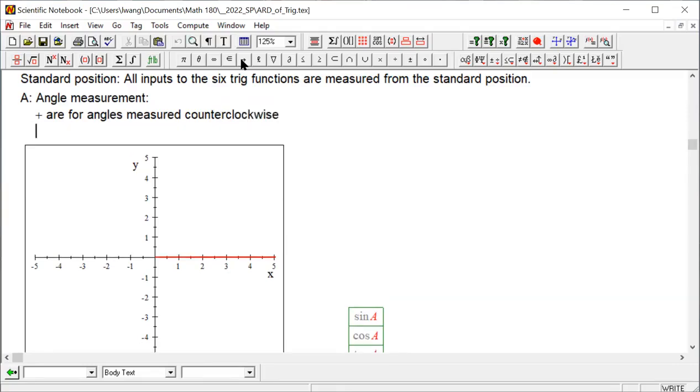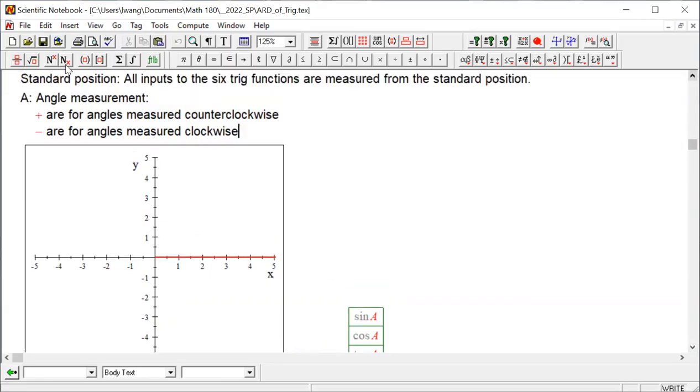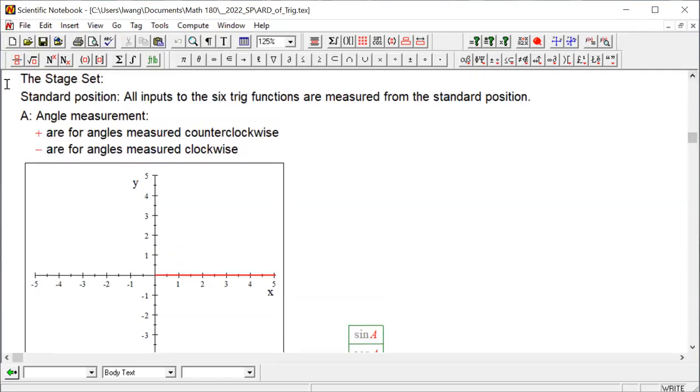Negative angles are for angles measured clockwise. This is the first important rule on the stage set, before we introduce trig functions, about angle measurement.